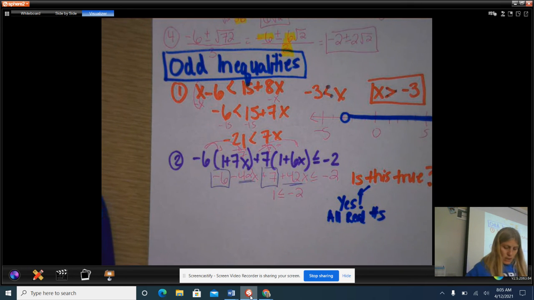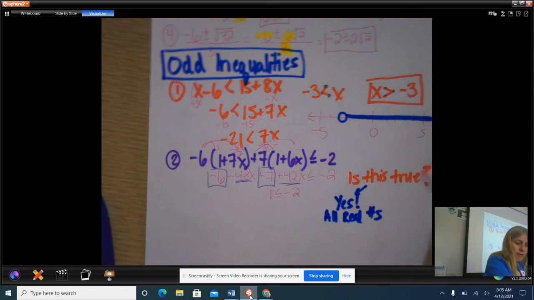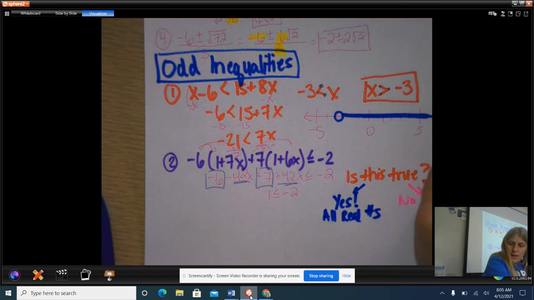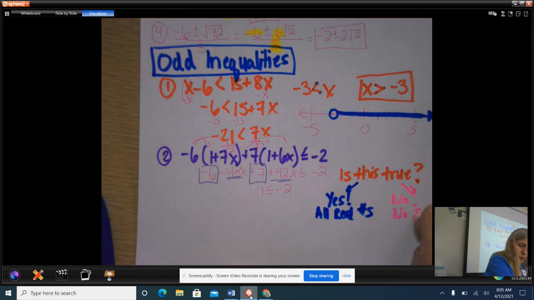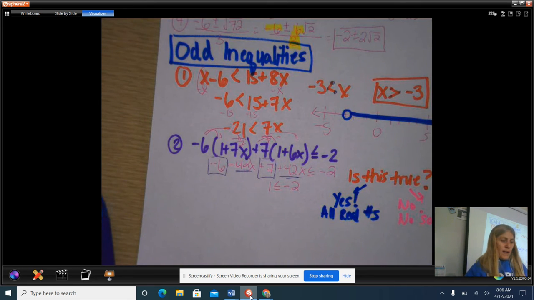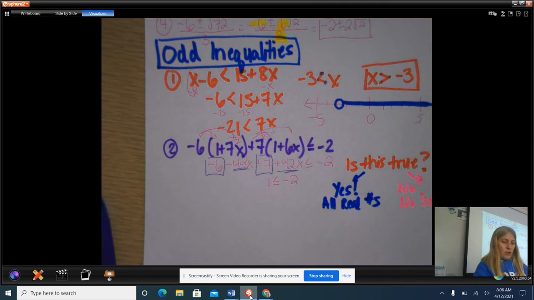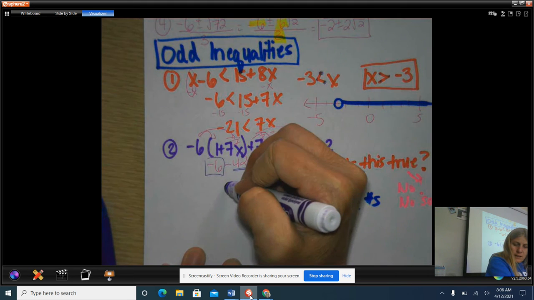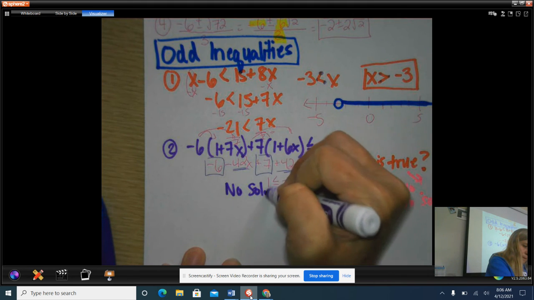If your answer is no, this makes a false statement, then your answer is no solution. So let's ask ourselves, is 1 less than or equal to negative 2? Of course, that is not true. That is false. 1 is greater than negative 2. So my answer in this case is no solution.